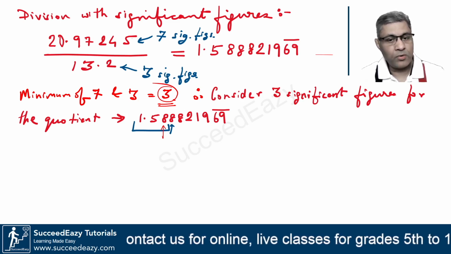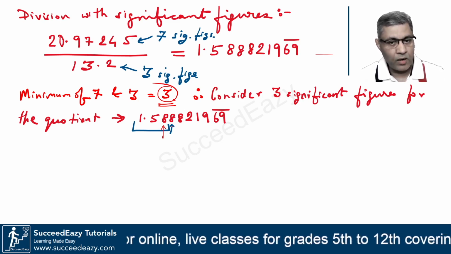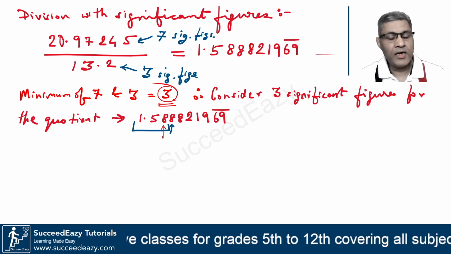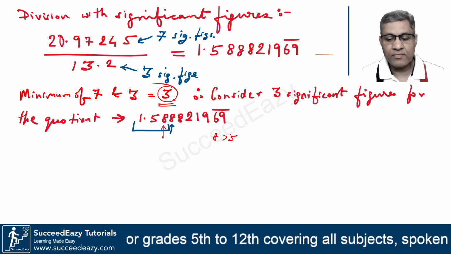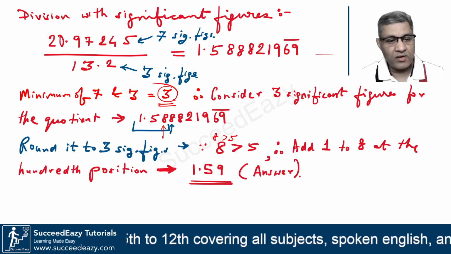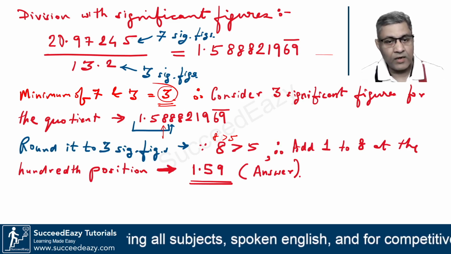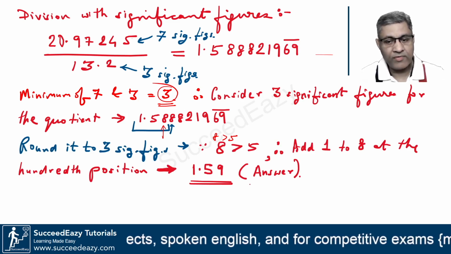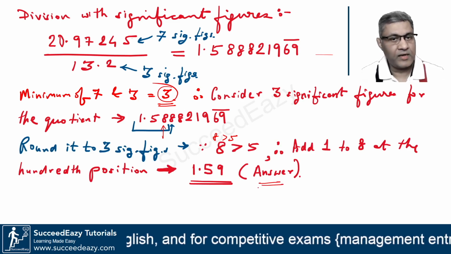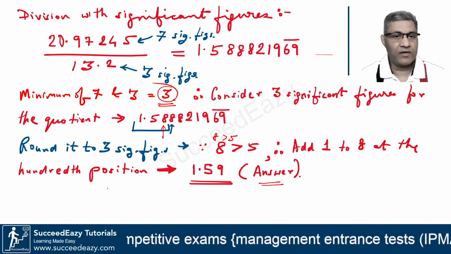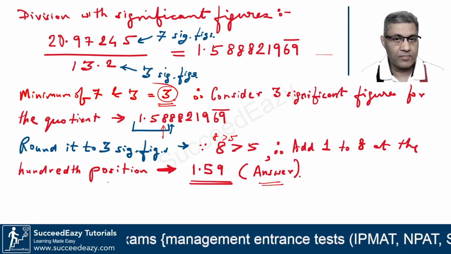Now the following number is 8, marked with a blue arrow. 8 is greater than 5. So since 8 is greater than 5, we add 1 to 8 to get 1.59, right? That becomes our final answer, considering significant figures, considering the right accuracy.